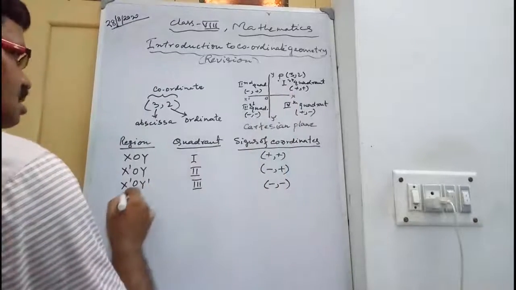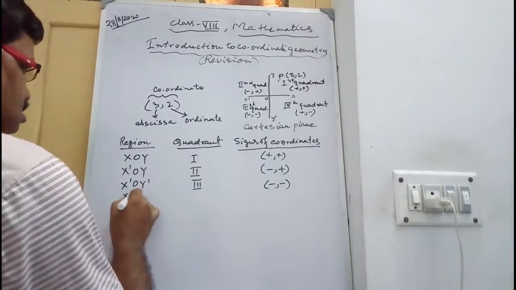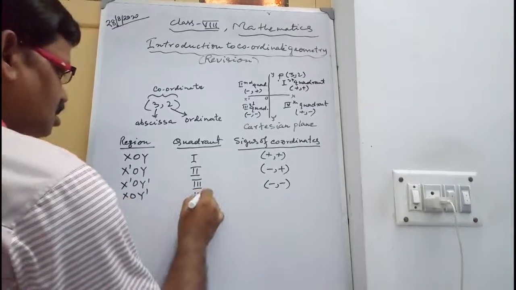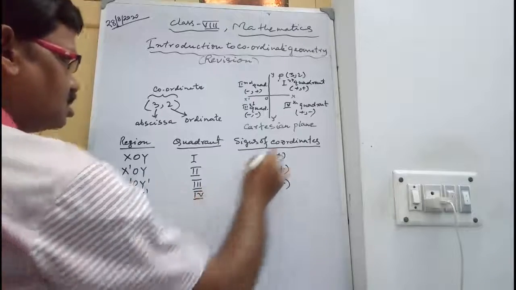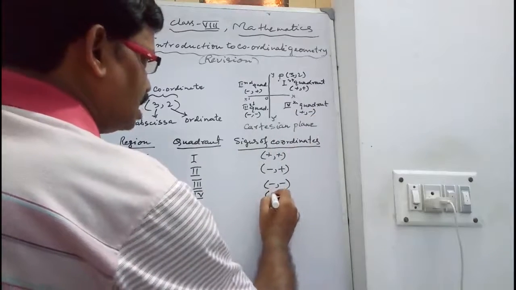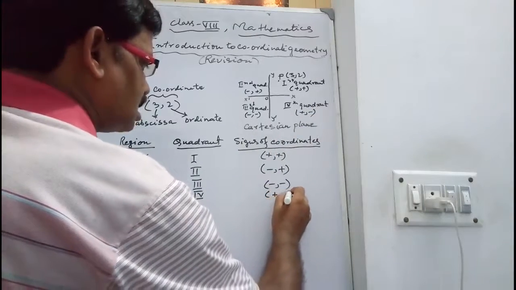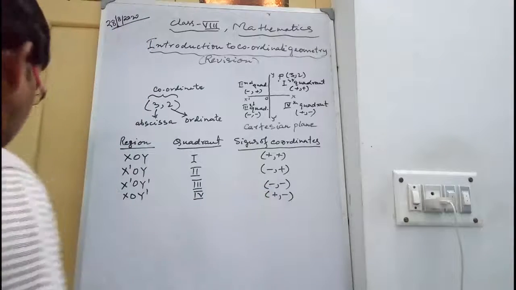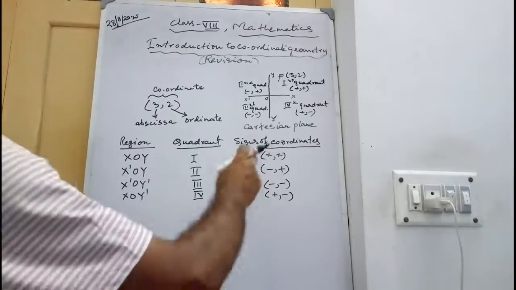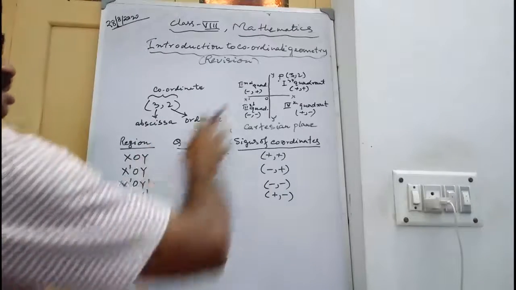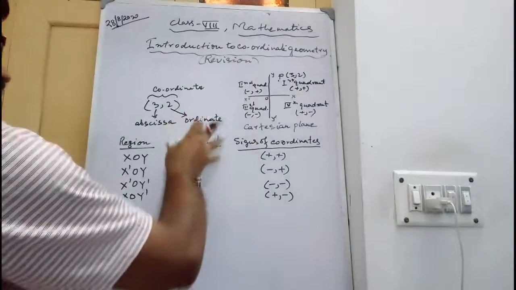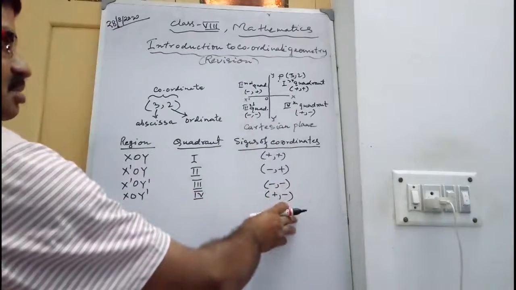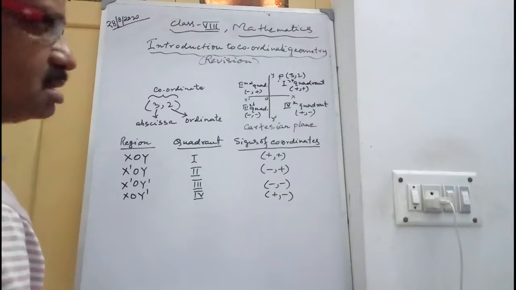Now last one, XOY dash, quadrant fourth, where value of X is plus and value of Y is minus. So these are the regions according to the graph, the name of the quadrant and signs of the coordinates.